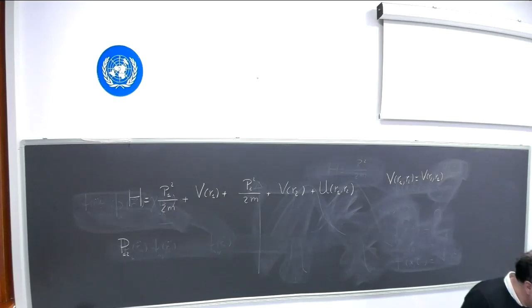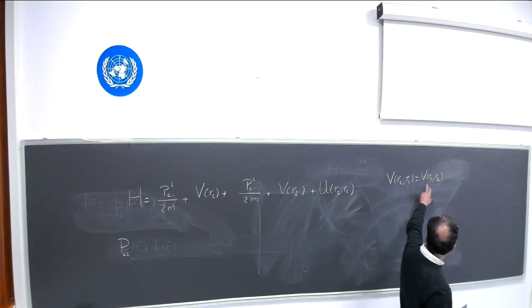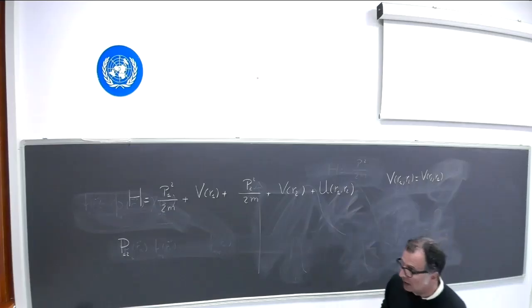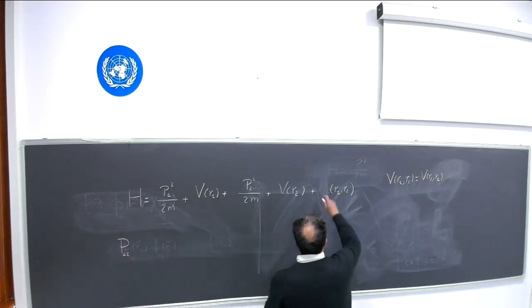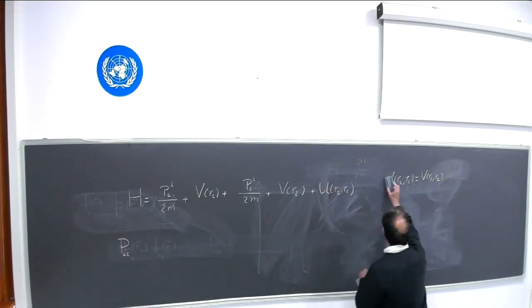Because in the Hamiltonian you wrote U of R1 R2. Ah, sorry, yes, you're right, thank you. Let's call it U because V is something else. So yes, I meant U.